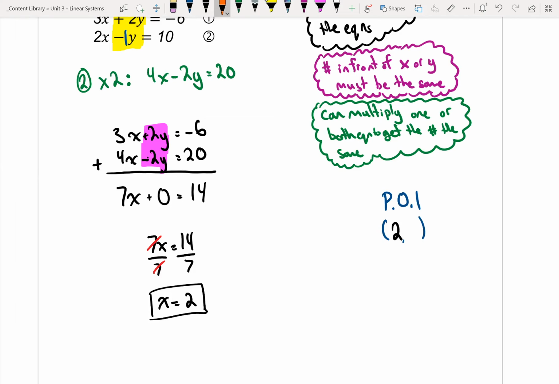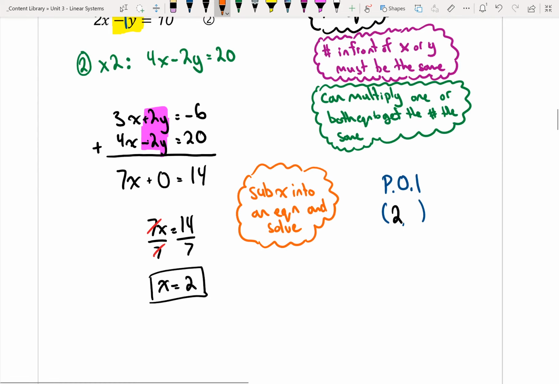So now the last step, similar to what we did, is to sub x into an equation and solve. And this will most likely be the last step in every solving linear systems.